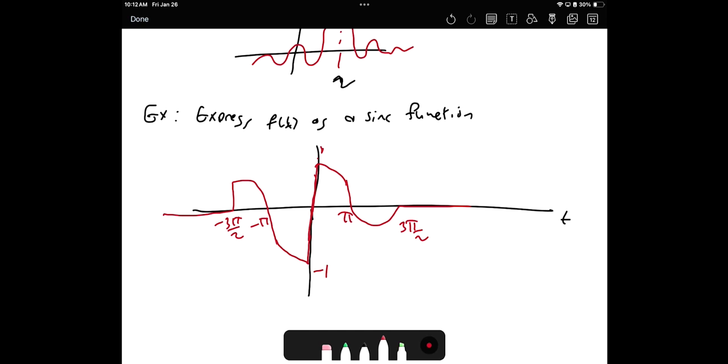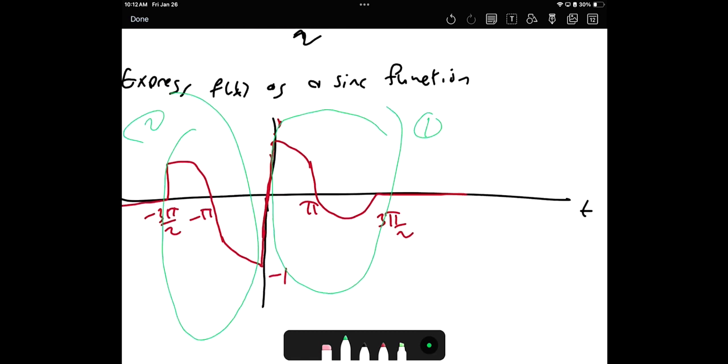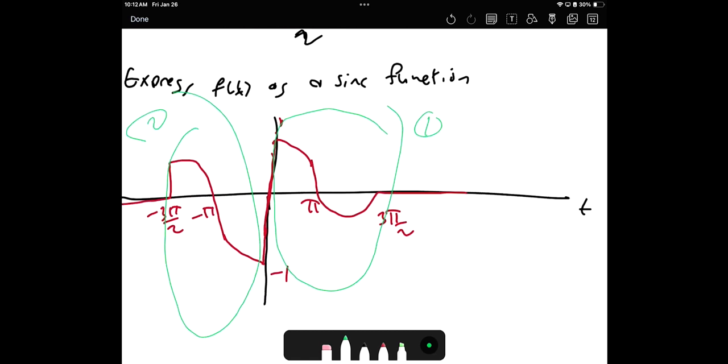So basically, when you look at this question, since there's a major change here, look at this part alone and look at this part alone. By looking at the right-hand side, I'm going to call it 1, and the left-hand side 2. Let's look at number 1. Number 1 is a small portion of sine of t, right? Because if the crossing is at pi, then this is sine of t.